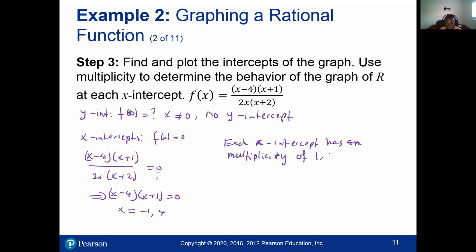Of 1. So a graph crosses the x-axis at what? At the x-intercepts.